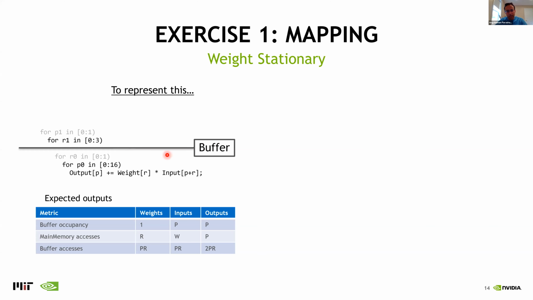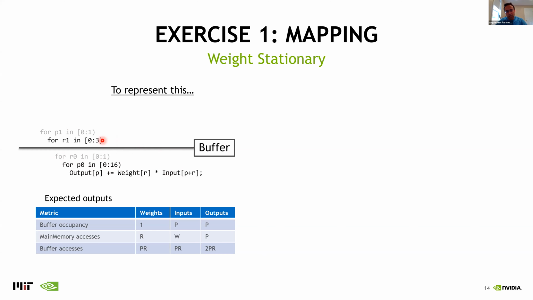The reason it is weight stationary is because if you look at this loop nest, the innermost loop marches over P, and P is an output tensor dimension. So as it changes, it's going to change the input you're referring to, and it's going to change the output you're referring to, but it's not going to change the weight you're referring to, hence the term weight stationary.